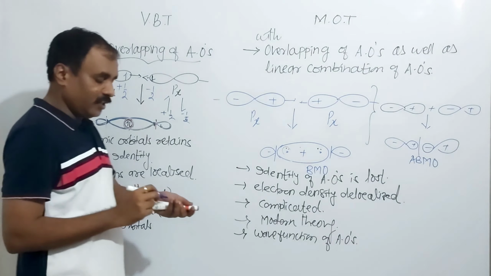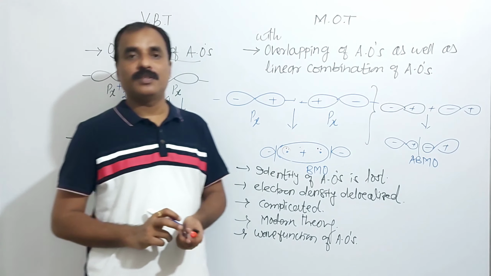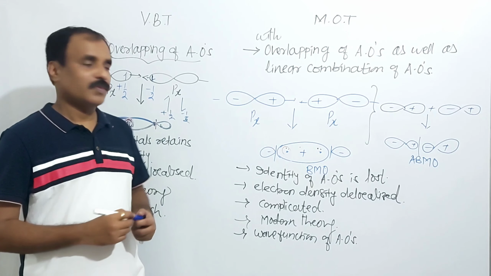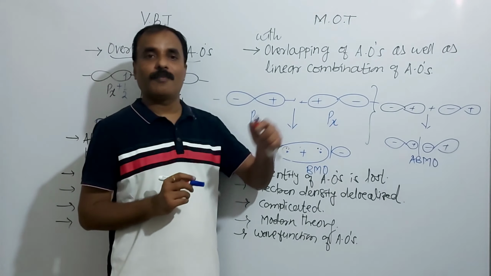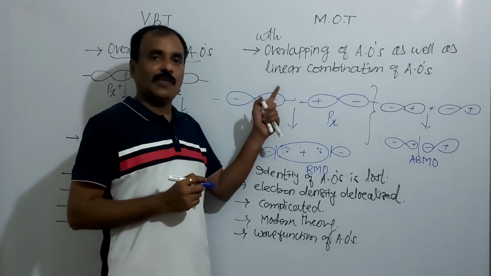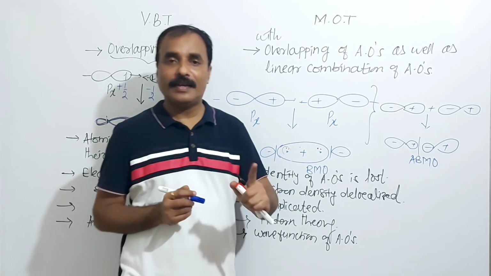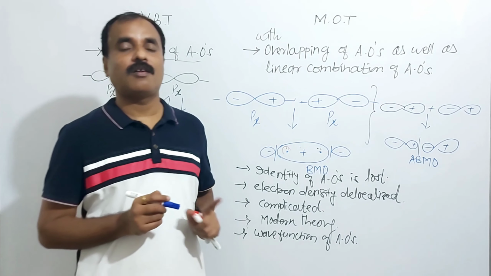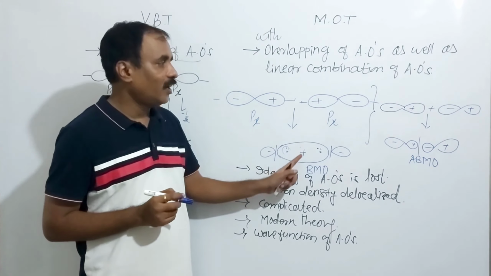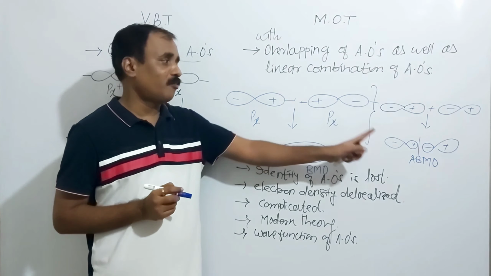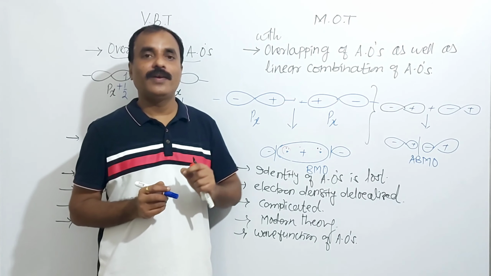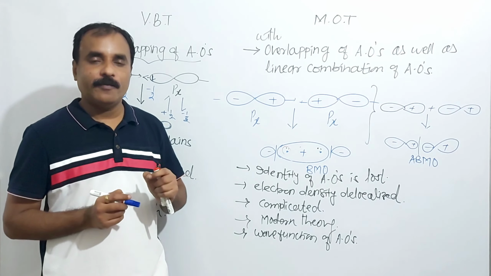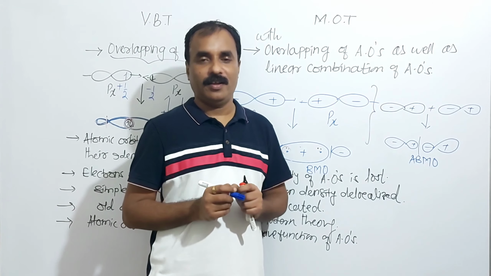Remember, when electron spin is parallel or sign is same, then there is a repulsion. So here anti-parallel spin is required. But here, wave function of atomic orbitals. We know that positive wave function of one atom and positive wave function of another atom, formation of bonding molecular orbital, simultaneously with the formation of anti-bonding molecular orbital. So this is the difference between valence bond theory and molecular orbital theory.